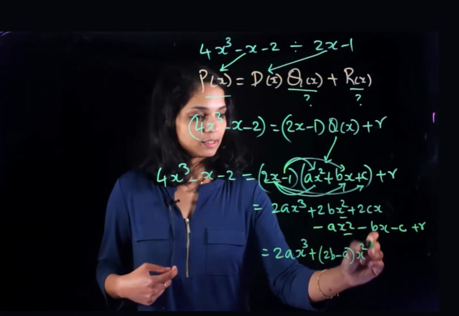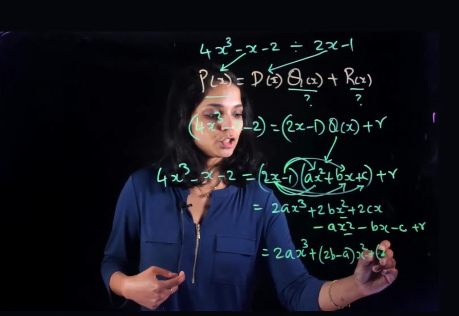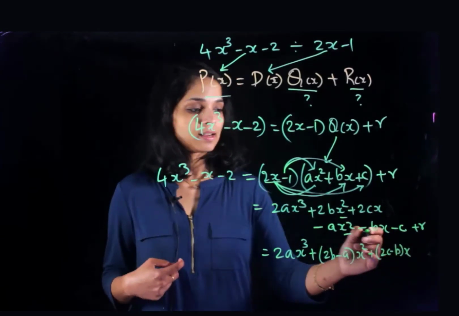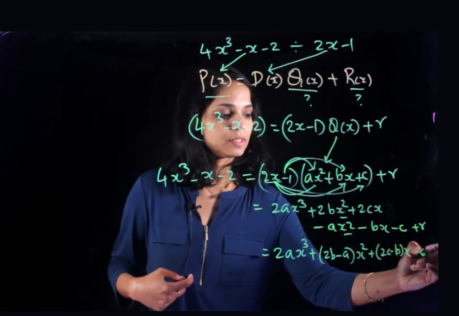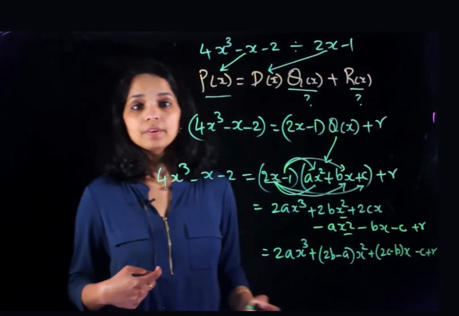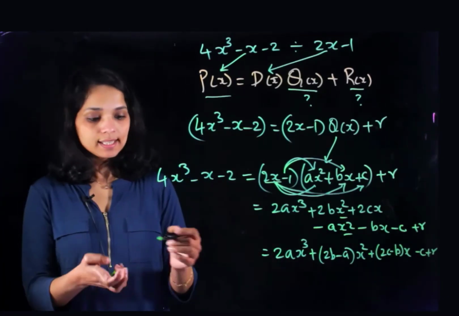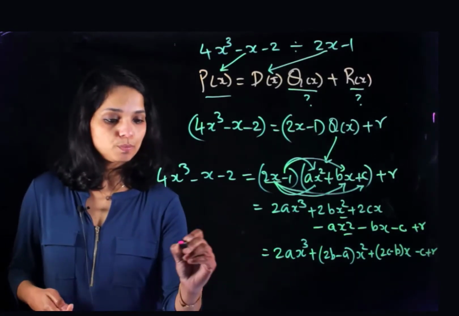And these two terms can be combined, so that's plus (2c minus b) x, and then the last constant term is minus c plus r. Now we can compare the coefficients on both sides.